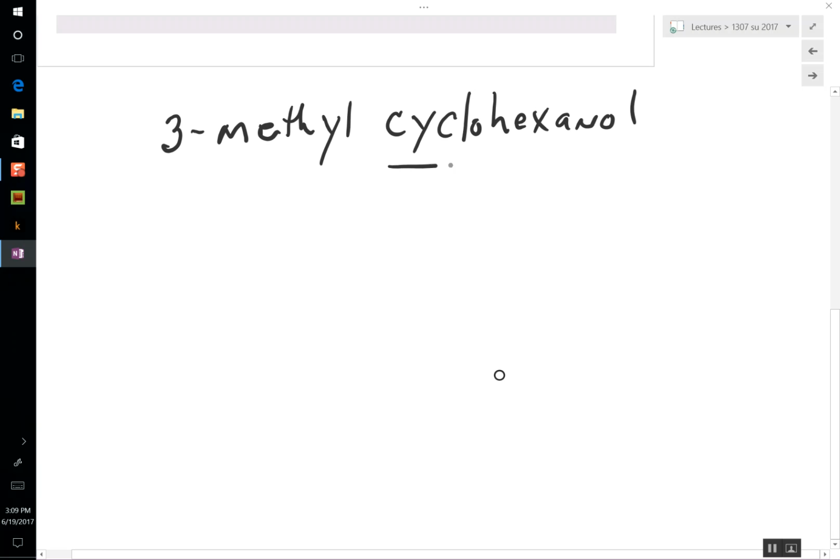If you're going to draw it, this is what you would draw first, the parent name. Cyclohexane, cyclohexanol, and then it says it's 3-methyl. So this tells you that's 1, 2, 3.